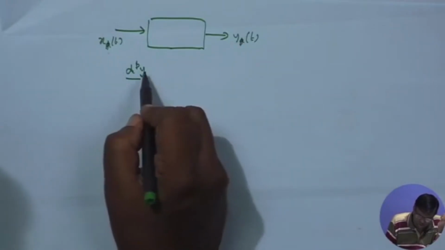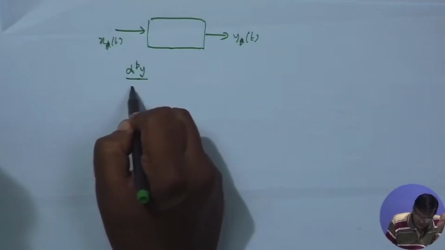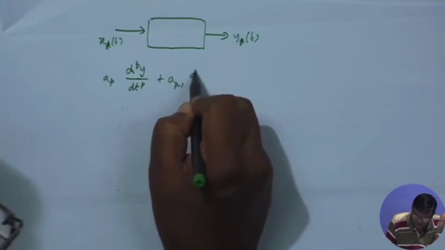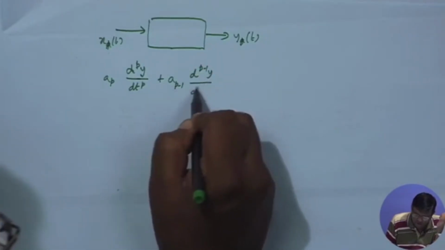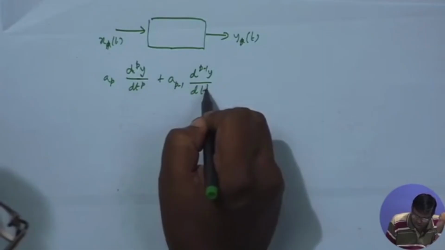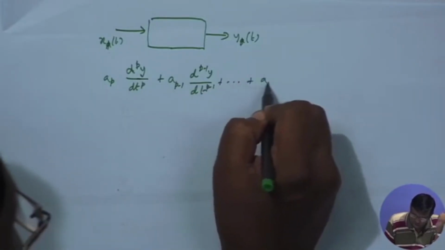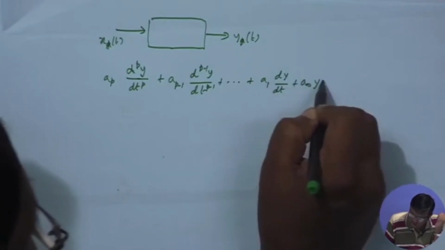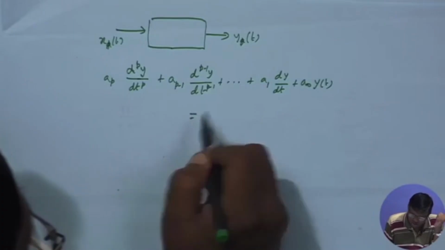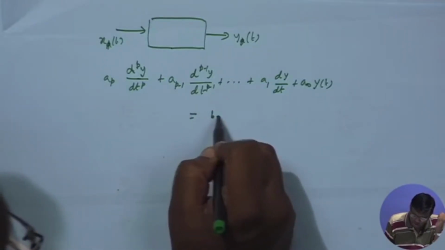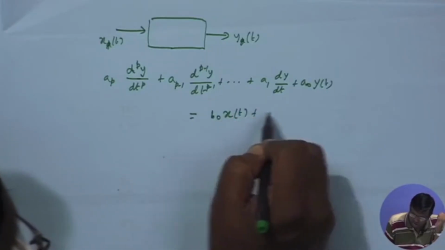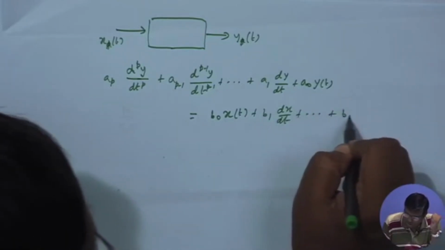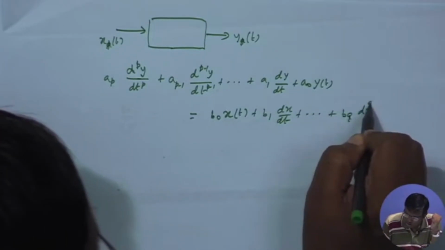It is all analog, so no point in carrying the subscript a. The differential equation is: a_p d^p y/dt^p, the pth order derivative, plus a_(p-1) of order p minus 1, and so on, plus a_1 dy/dt plus a_0 y(t), is given by b_0 x(t) plus b_1 dx/dt plus and so on, plus b_q d^q x/dt^q.